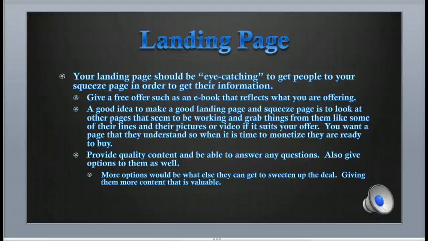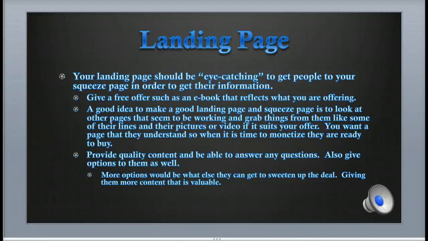Okay. A good idea to make a good landing page and squeeze page is to look at other pages. This was the competition I was talking about earlier that seem to be working, and grab things from them, like some of their lines and their pictures or video if it suits your offer. Okay, you want a page they understand, that your prospects understand, so when it is time to monetize, they are ready to buy.